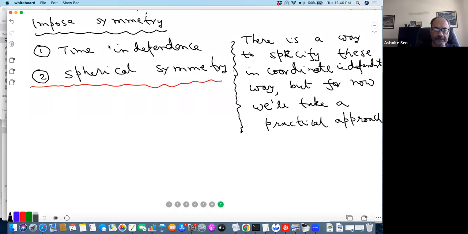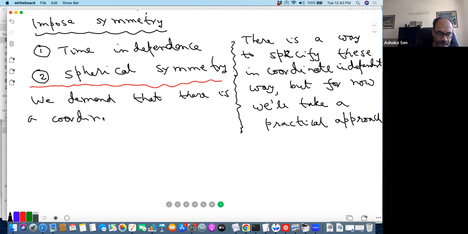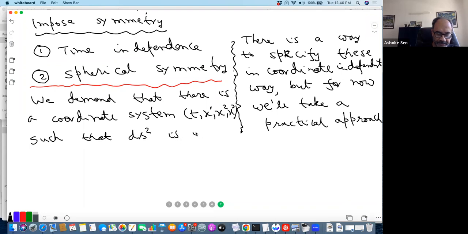Our definition of time independent and spherical symmetry would be the following: that we demand that there is a coordinate system t, x1, x2, x3 such that ds squared is invariant under the following two transformations.